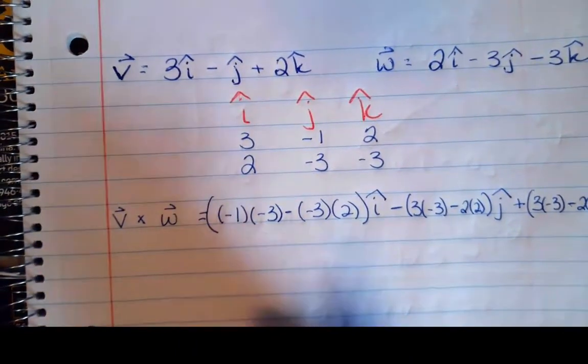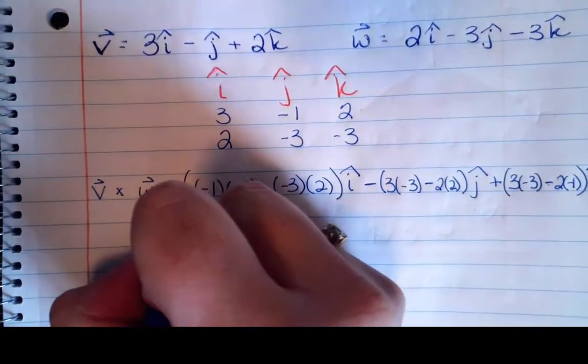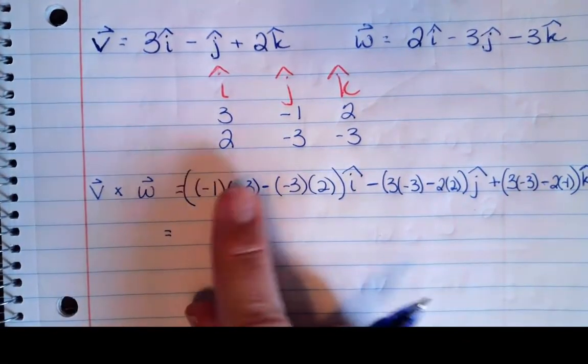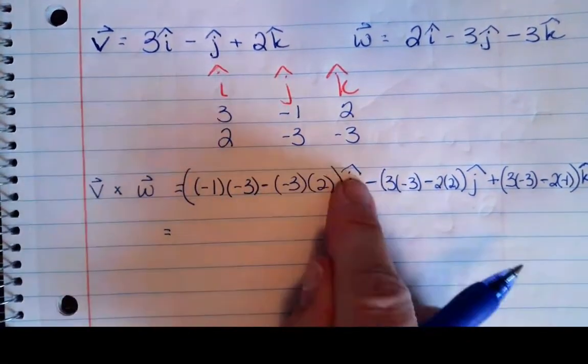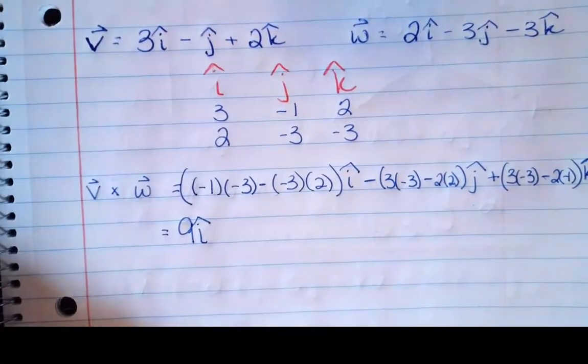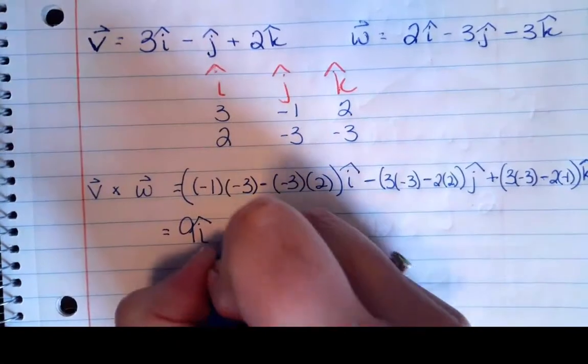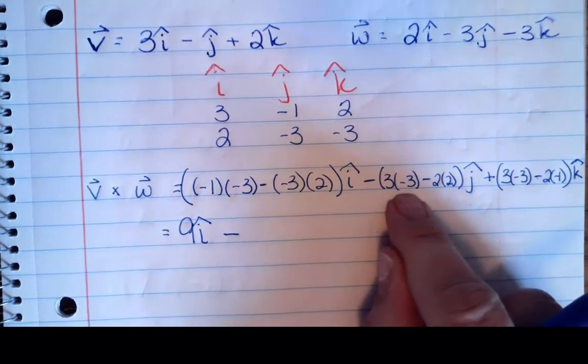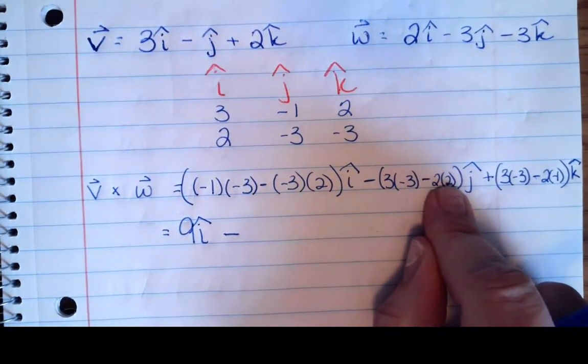So the cross of v and w comes back as -1 times -3 is 3, minus -6 is 3 plus 6, which is 9i. Okay, minus, and then 3 times -3 is -9, -9 minus 4 is -13.